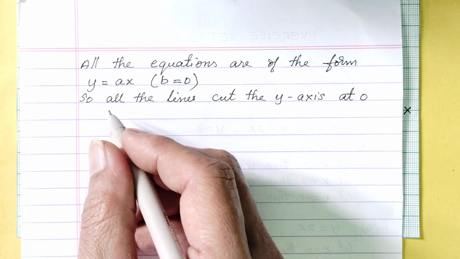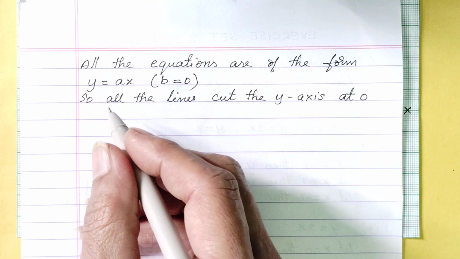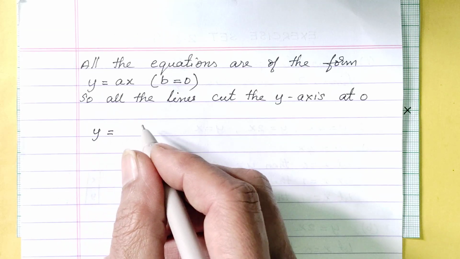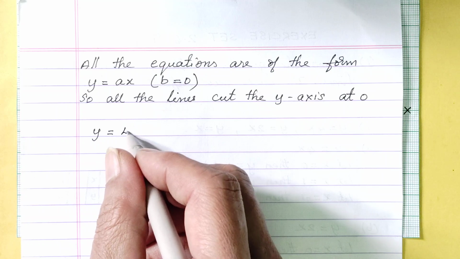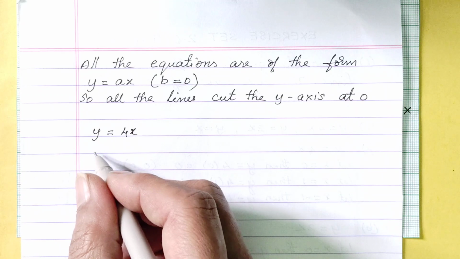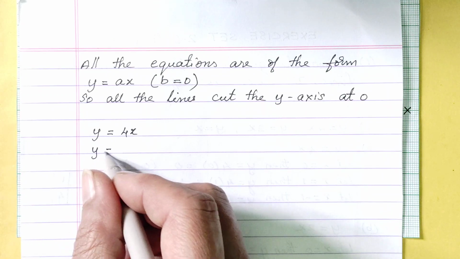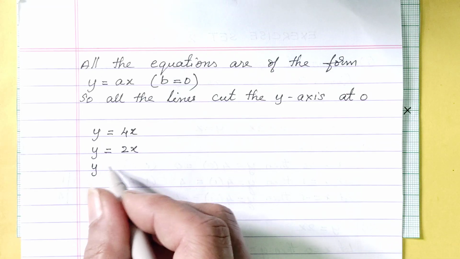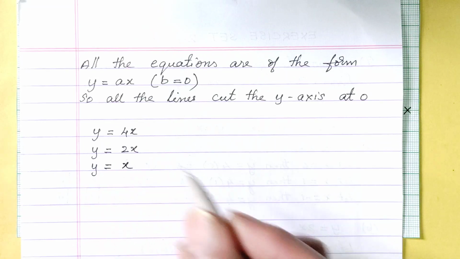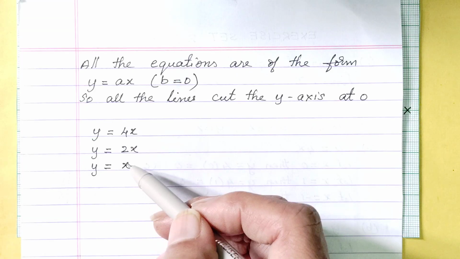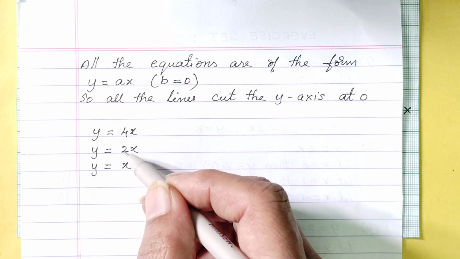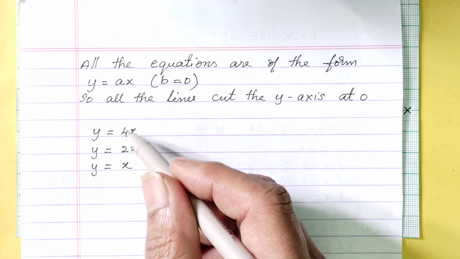You can see here that the three equations were y equal to 4x, then y equal to 2x, then y equal to x. Here, as the value of a goes on increasing, the line becomes steeper and steeper.